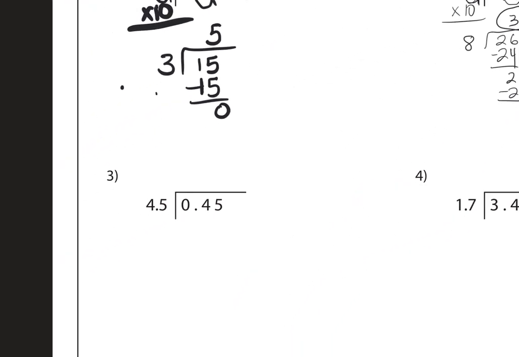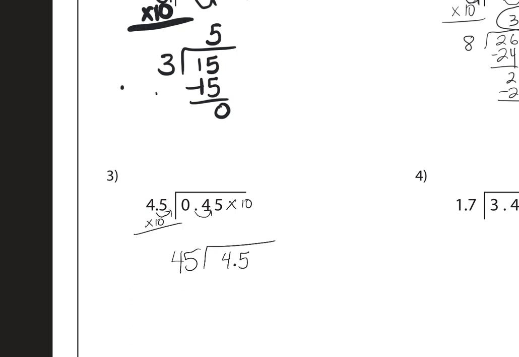Number 3 should be fairly easy. We're dealing with the same digits, but we do have to move our decimal one place right, so that means multiply by 10. That will give us 45. I have to multiply my dividend by the same 10. Make the decimal move one place right.